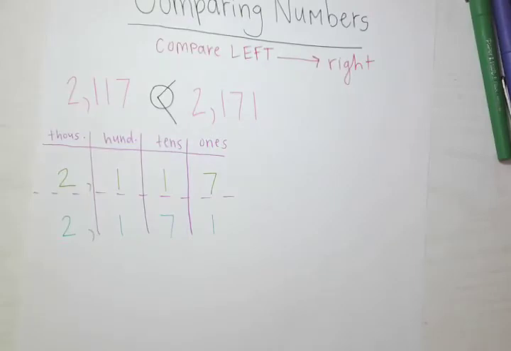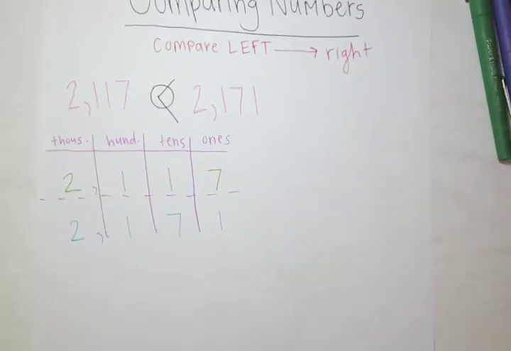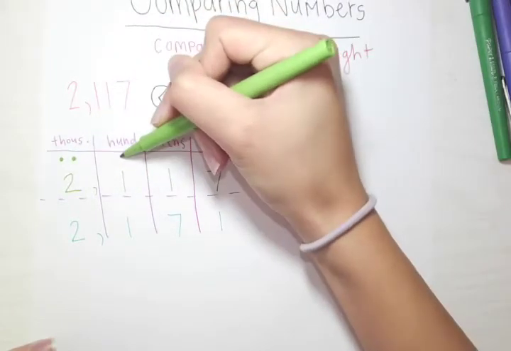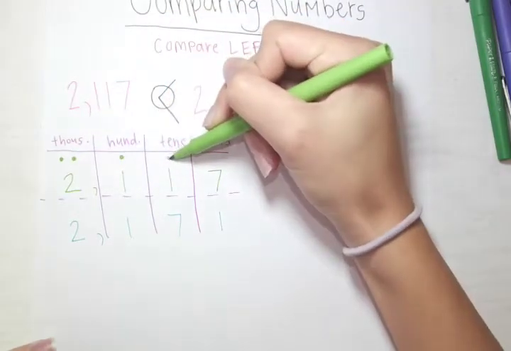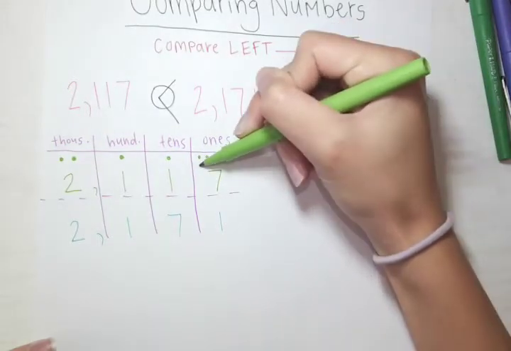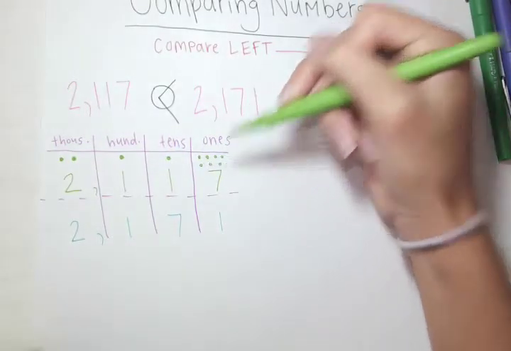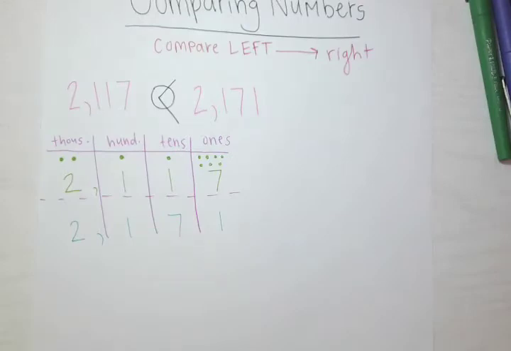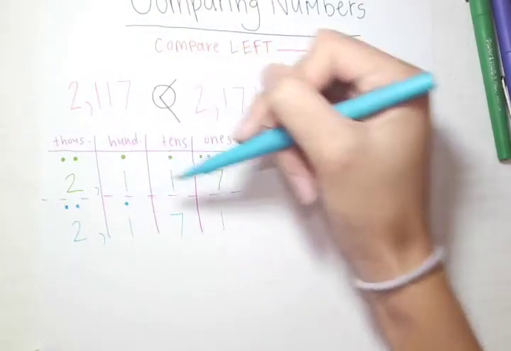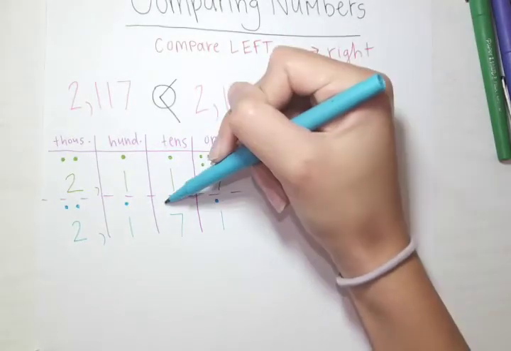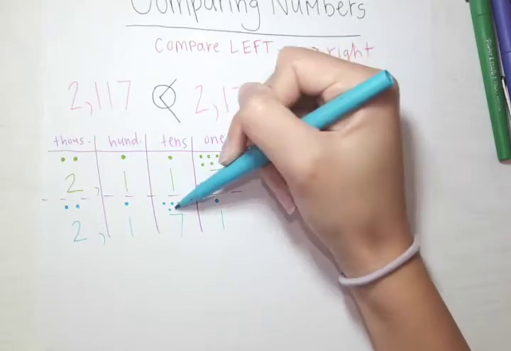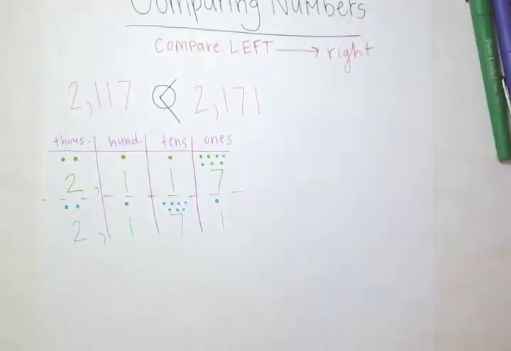Okay, so I'm going to draw those dots. 2,117: 2 dots here, 1 dot here, 1 dot there, and 7 dots here.